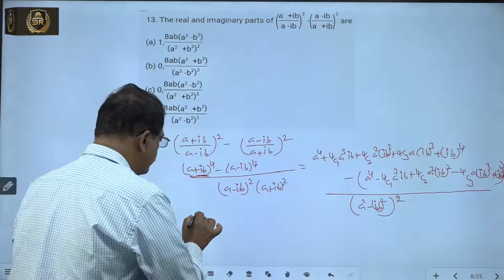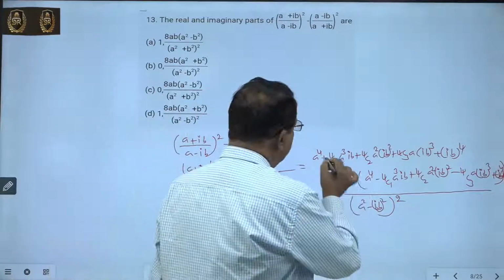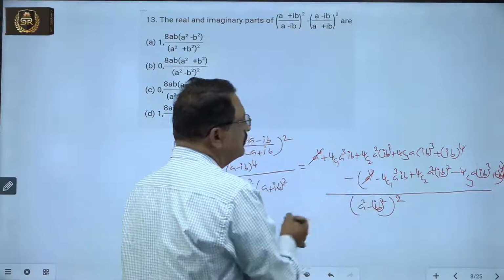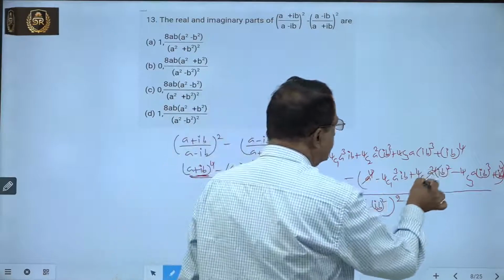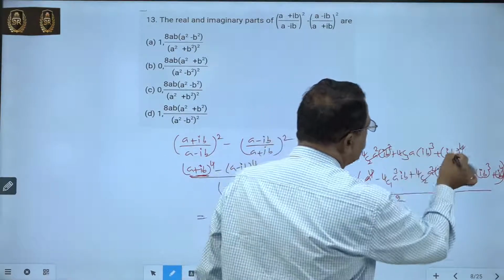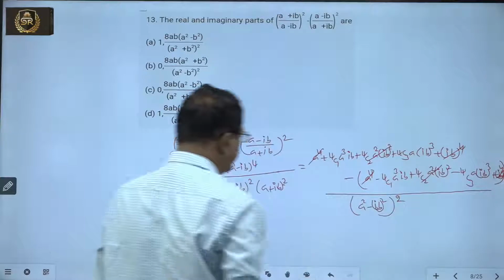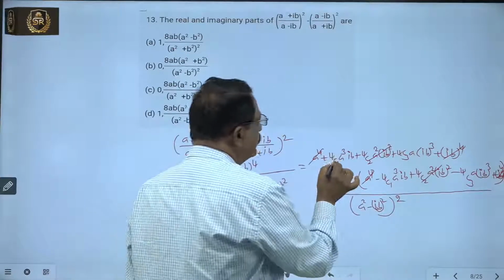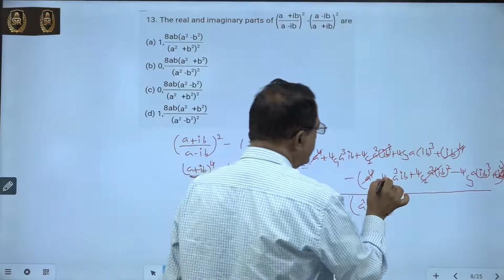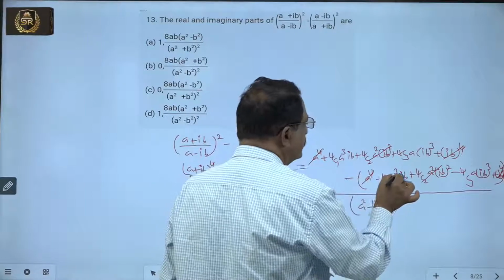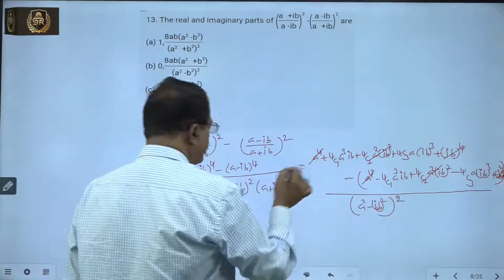Now that equals, here we get a to the power of 4 minus a to the power of 4 cancel. Similarly, this second term cancels, the fourth term also cancels. Now that equals 4C1 a cube ib, here minus of minus plus means 2 times.